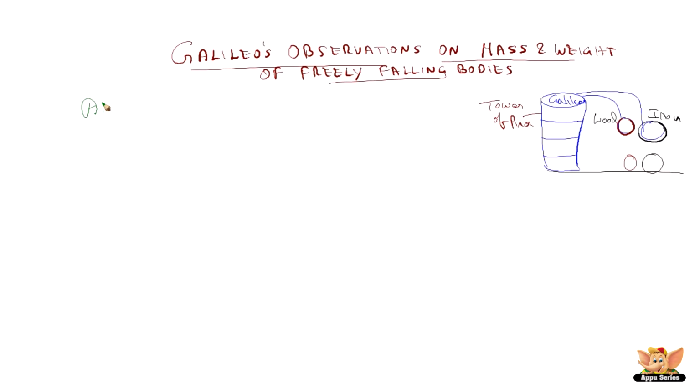So assume that we have 10 kg and 1 kg of masses, where the 10 kg mass is that of iron and the 1 kg mass is that of wood. This iron ball and wooden ball were dropped from a tower, and we know that the weight of the iron ball is equal to 10 times the weight of the wooden ball.